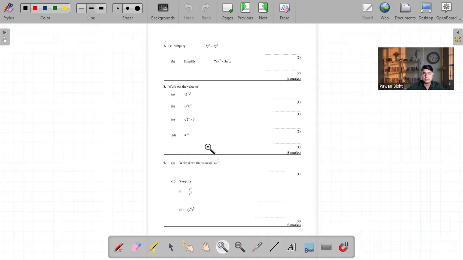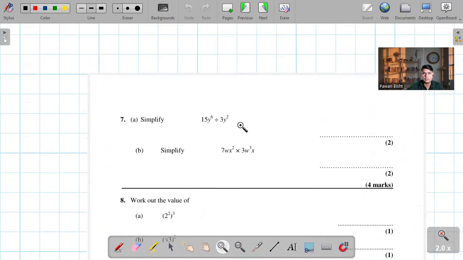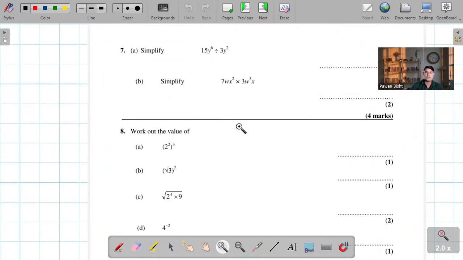Question number 7 says 15y^6 divided by 3y square. Right. So you can write it this way also. 15 divided by 3 is 5 and y to the power 6 minus 2. So answer is 5y^4.